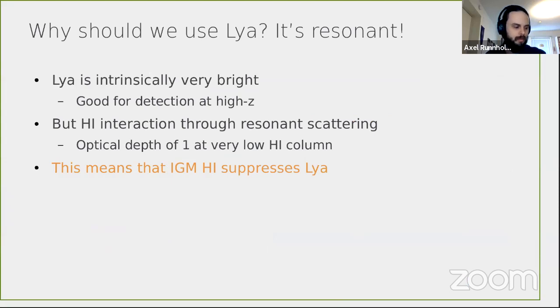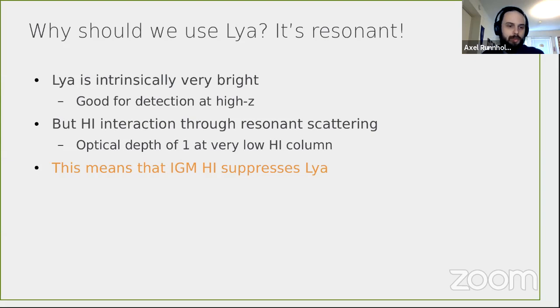So just starting from the beginning, why should we, or can we even use Lyman Alpha? Well, Lyman Alpha is an intrinsically very bright spectral line, and this is very useful because it makes it much, much easier to detect at high redshifts and towards the end of the epoch of reionization.